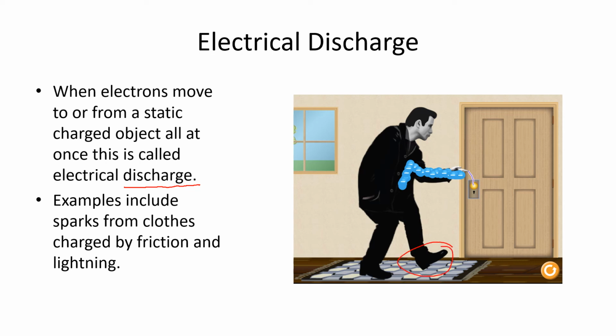If you type John Travoltage into Google, you'll get this neat little application where you can charge up his body by rubbing his foot against this wool carpet, and you'll see the electrons build up and build up, and then you can move his hand over close enough to this doorknob and you'll get this big electrical discharge. The other place, of course, that you see it is with lightning, and that process is a little more involved, so we'll do it on the next slide.